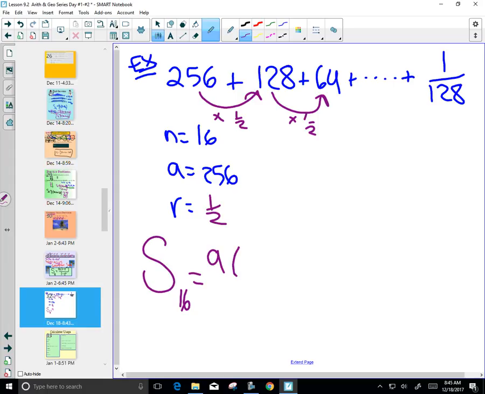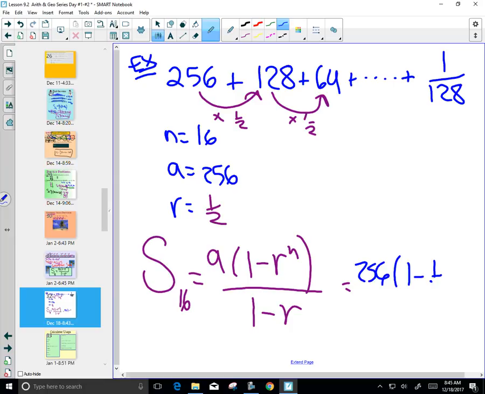a times 1 minus r to the n over 1 minus r. So plug those in. Watch it go. 256 times 1 minus 1/2 to the 16. Ooh, that's going to be small. Over 1 minus a half.